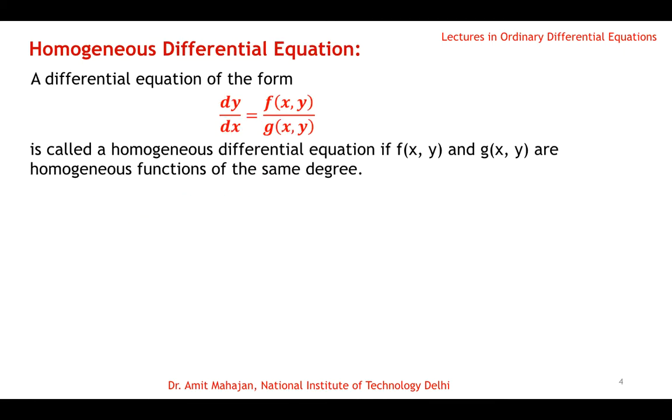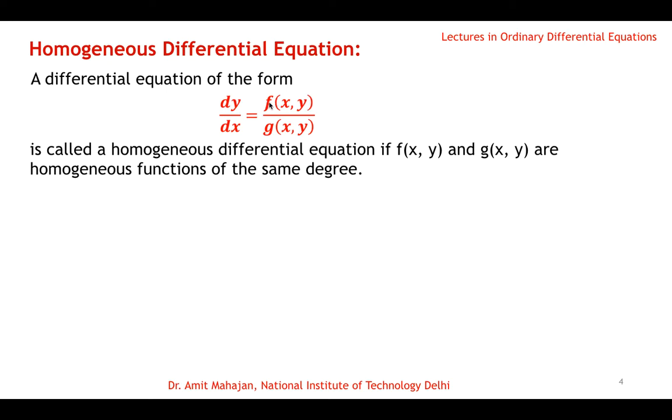Now what is a homogeneous differential equation of first order and first degree? A differential equation of the form dy/dx is equal to f(x, y) over g(x, y). Here order is 1, dy/dx, degree is 1, and this is homogeneous if the right hand side functions f and g are both homogeneous functions of the same degree.